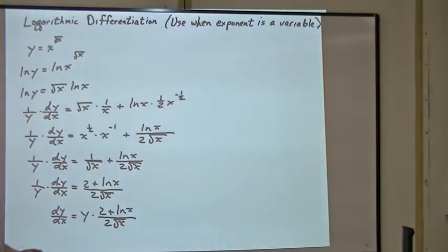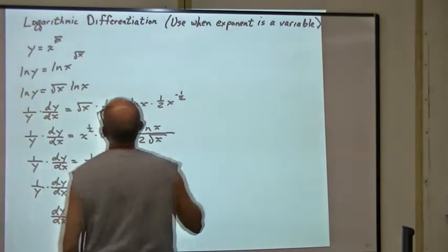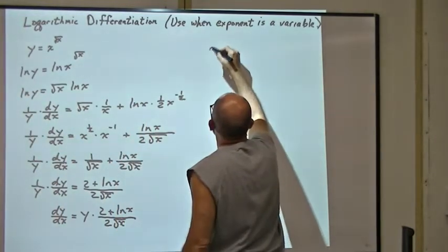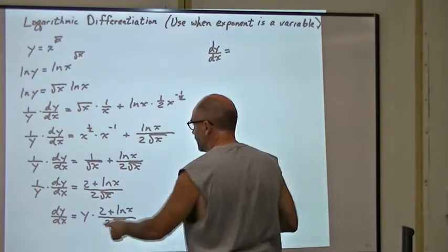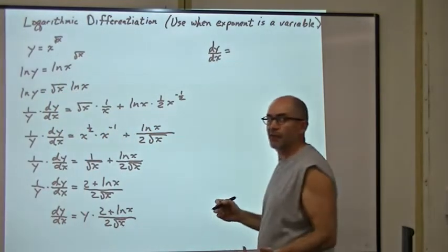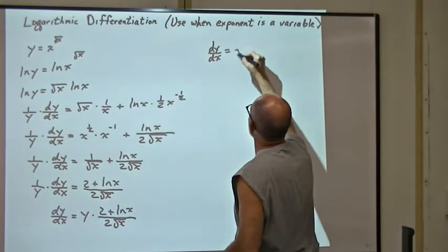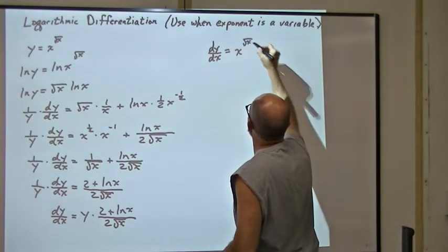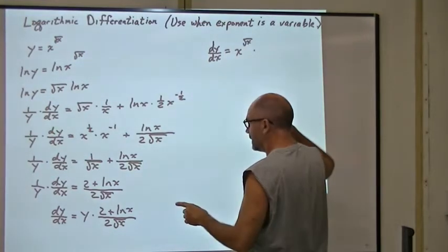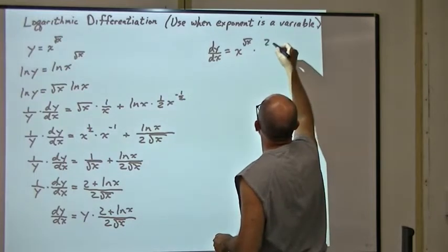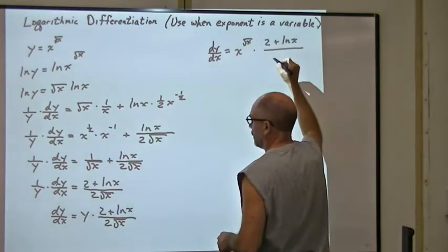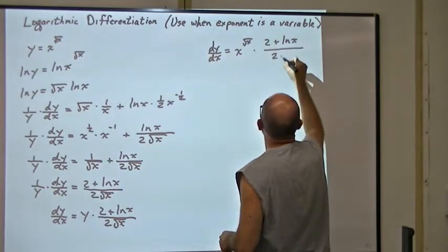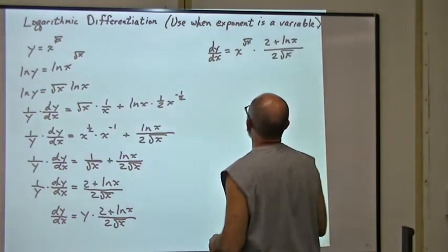Well, we don't want to leave the y in the answer, so we just say dy dx equals, well, what does y equal? It equals x to the square root of x, times the 2 plus natural log x over 2 square root of x.